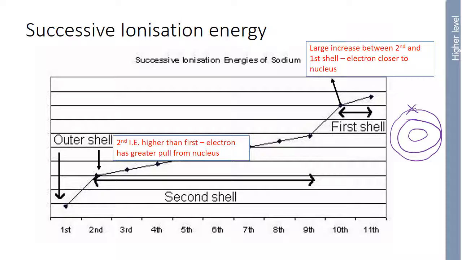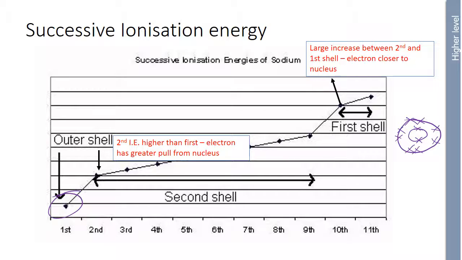You're going to have 1 electron on the third shell, 8 electrons in the second shell, and the closest to the nucleus is going to have 2 electrons. If we try to remove the first one, it's going to be reasonably easy because it's far away, and also the first and second electron shells are shielding that last electron. So there we go, we just got rid of that one.